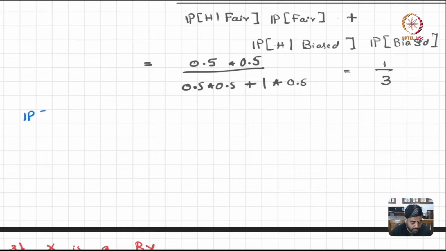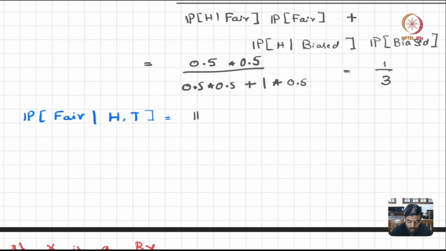There is the probability that the coin that I have is a fair coin given a head and then a tail has occurred. Can you substitute this?